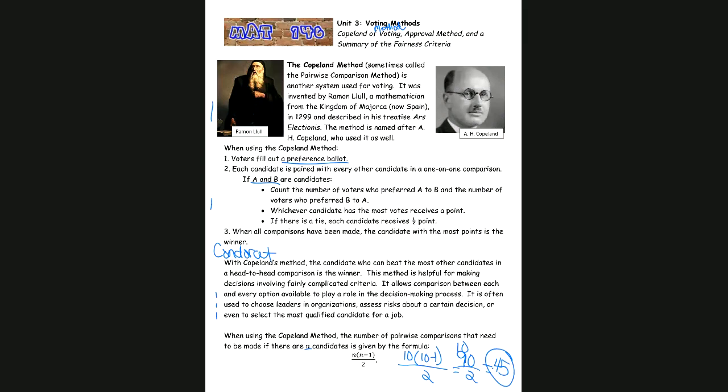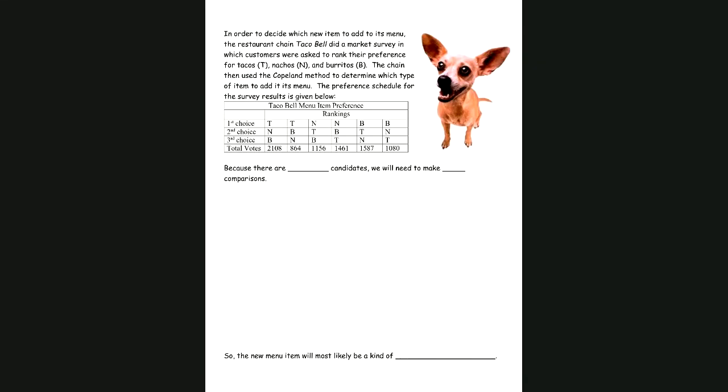All right, so let's take a look at a situation that asks us to use the Copeland method. And this is totally made up. This really didn't happen. Well, I don't know, it may have happened. I got this out of a textbook. So let's say in order to decide which new item to add to its menu, the restaurant chain Taco Bell did a market survey in which customers were asked to rank their preference for tacos, nachos, and burritos.